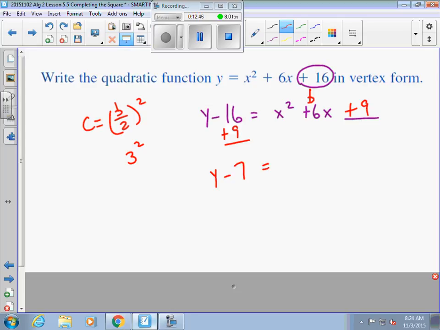equals, we have a perfect trinomial here. Factor out this perfect trinomial as the square of a binomial. Take 20 seconds.